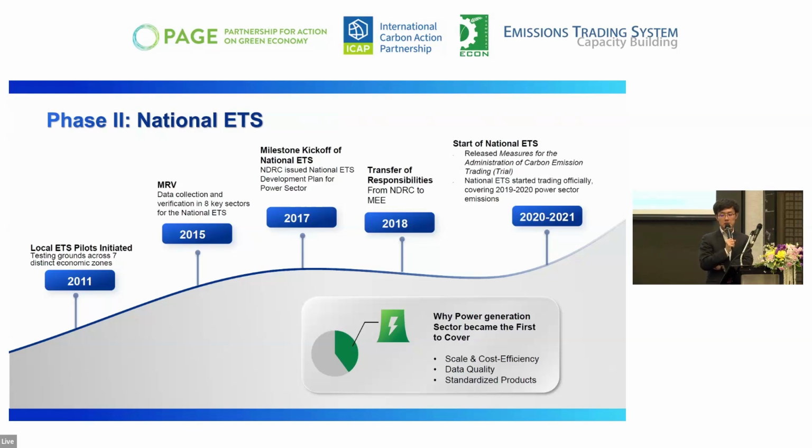But the MEE is more narrowed down towards enforcement, putting local environmental regulation in place and enforcing all the regulations. So by 2018, the China national ETS had already started to be implemented. This really meets the need for enforcing the data collection and enforcing compliance for the next step. So this is the movement from the NDRC to the MEE.